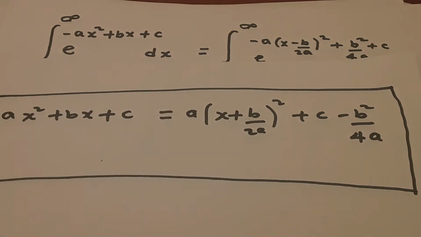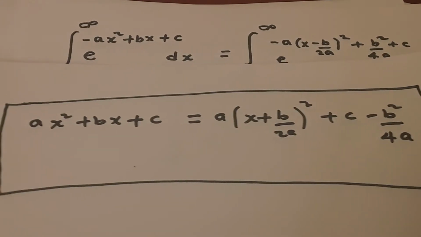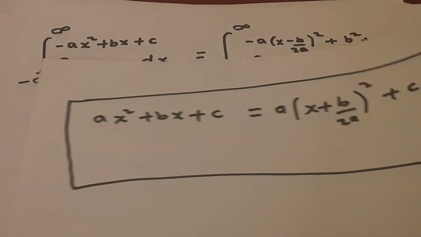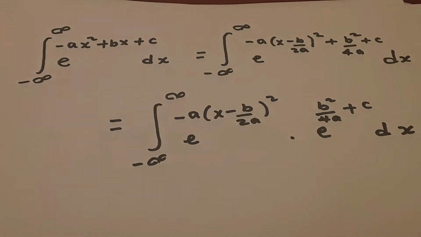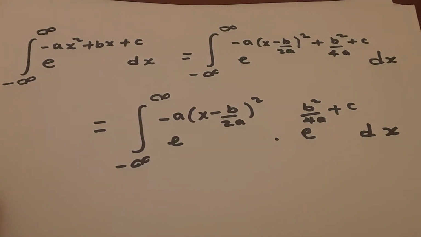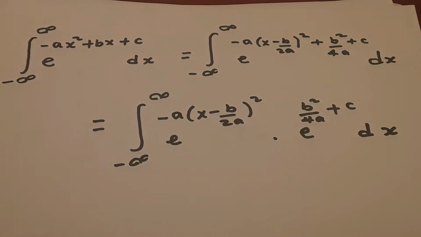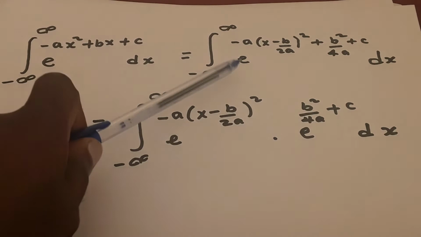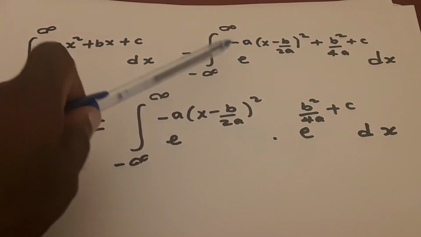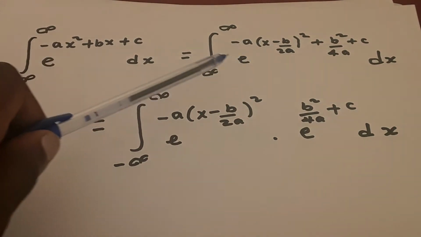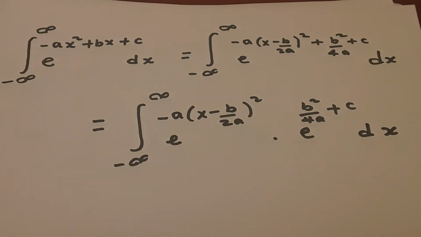Just intuitively, let's have this form. Using the completing square method, we get from minus infinity to infinity, and instead of this form, we have this form: minus a times x minus b over 2a, squared, plus b squared over 4a plus c.